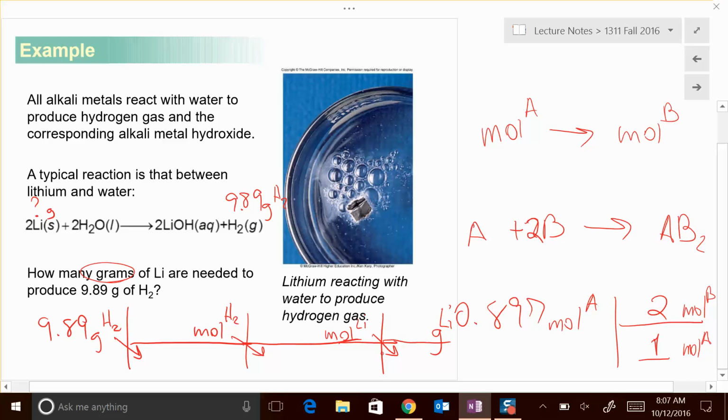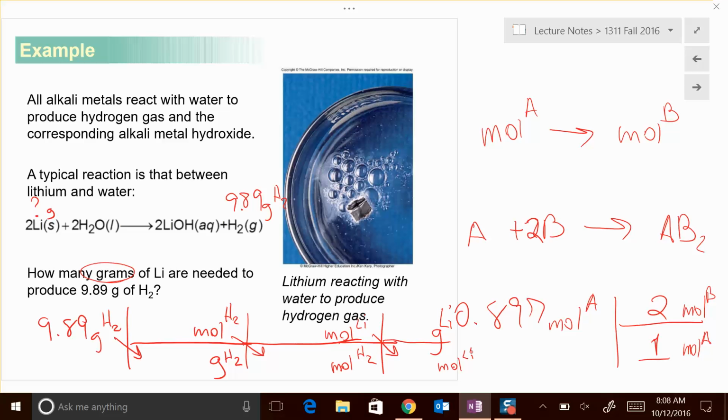So what units go right here? And then the last. Now I have identified all the conversion factors that I will be using: grams to moles of hydrogen, moles to moles between hydrogen and lithium, and grams to moles of lithium.